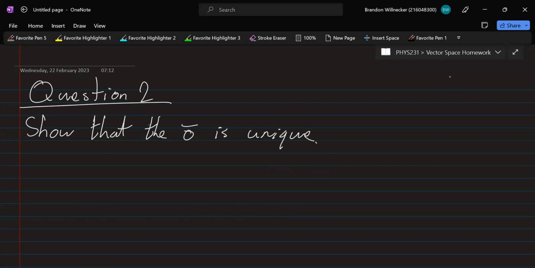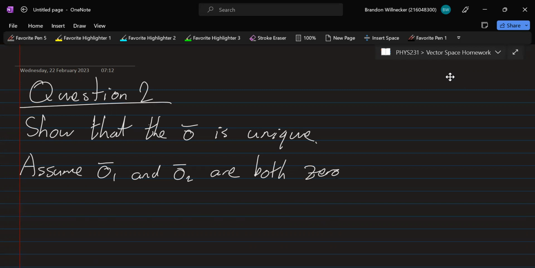So a nice way to prove uniqueness is to assume that there's more than one and then show that they're equal. So if we assume we have 2, so let's say 0_1 and 0_2 are both zero vectors, then we can do a little bit of algebraic manipulation to show that they are then equal.